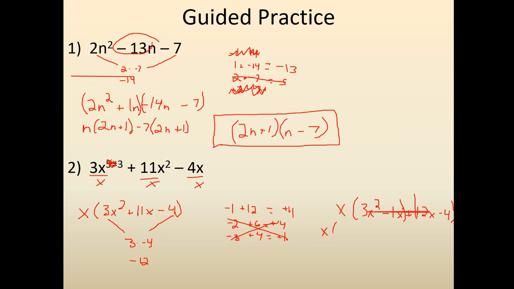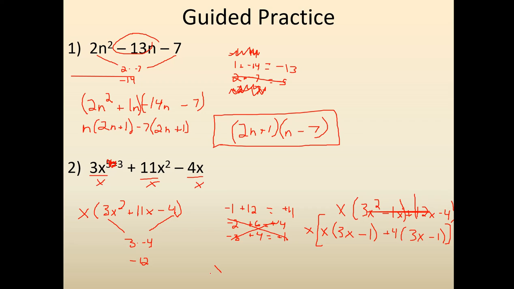So from the 3x squared and the 1x, I can pull out another x. So let me just write it like this, x, which leaves me 3x minus 1. And then from here, I could pull out a 4, which leaves me with 3x minus 1.